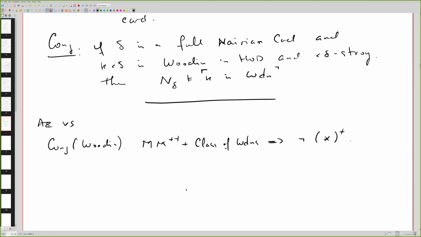Well, NS is saturated is a forcing that you need Woodins to make true. But you already have MM++, so you do have NS saturated. But you cannot force NS is saturated if you don't have Woodins.